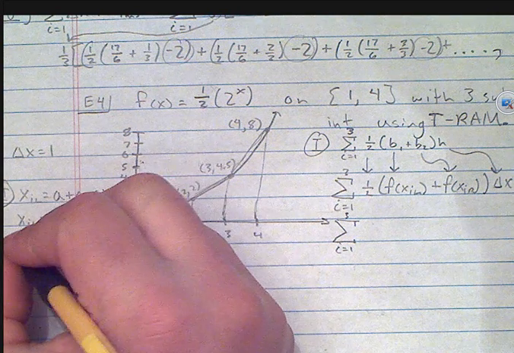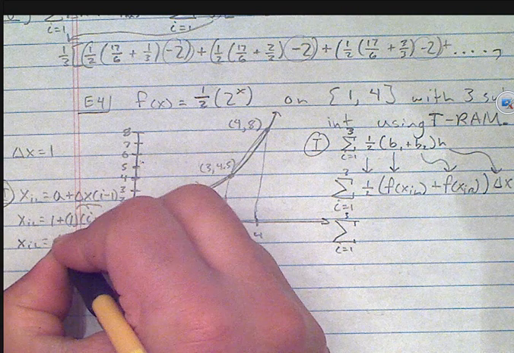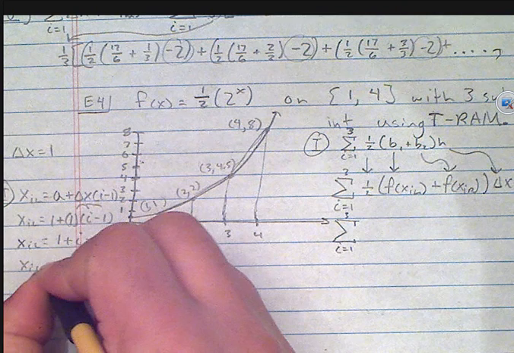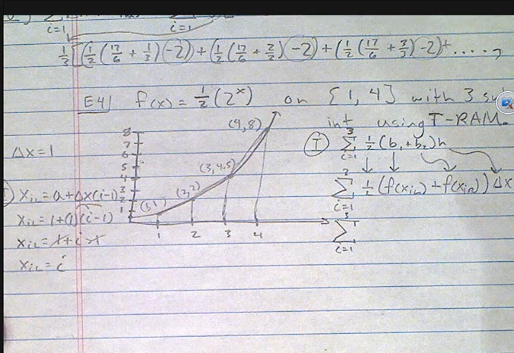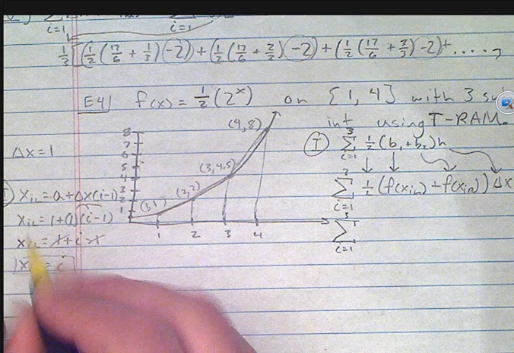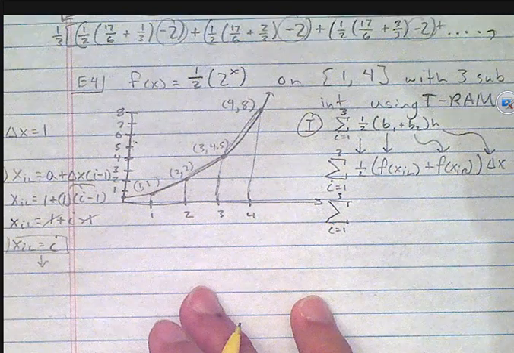So x of IL is equal to 1 plus I minus 1, which is equal to plain old I, because those cancel, okay? There is x of IL. Let's go ahead and find f of x of IL now.